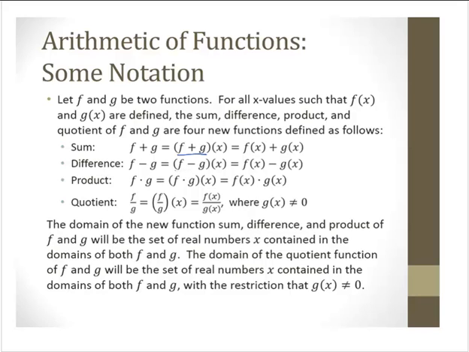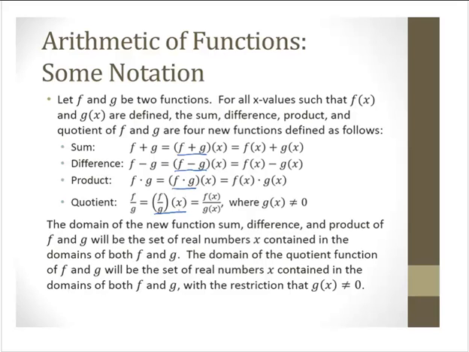The difference function f minus g of x is equal to f of x minus g of x. The product, f times g of x, is f of x times g of x. And the quotient, f over g of x, is f of x divided by g of x, where g of x is not equal to 0. Remember that division by 0 is undefined.